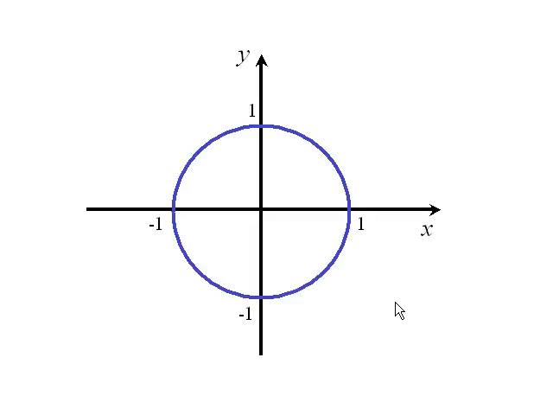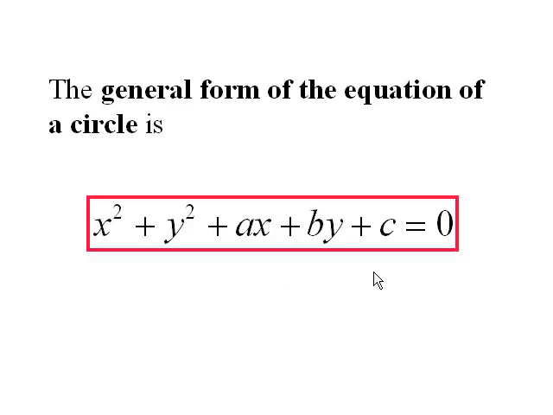Now, if you're given an equation, you probably won't be given the equation in that form of (x minus h) squared plus (y minus k) squared equals r squared.